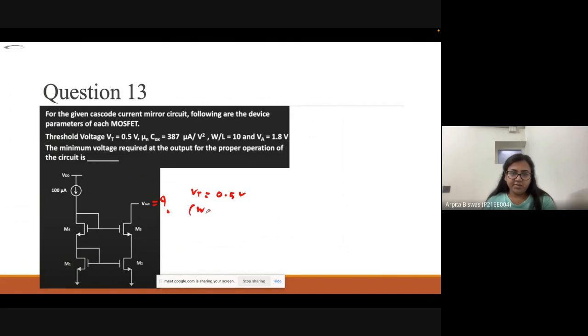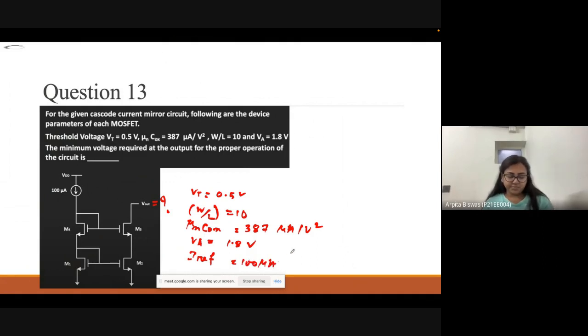The W by L value is given, which is 10, and mu n COX is also given, 387 microamps per volt square, and VA is given 1.8 volt. So I reference is also given, 100 microampere.